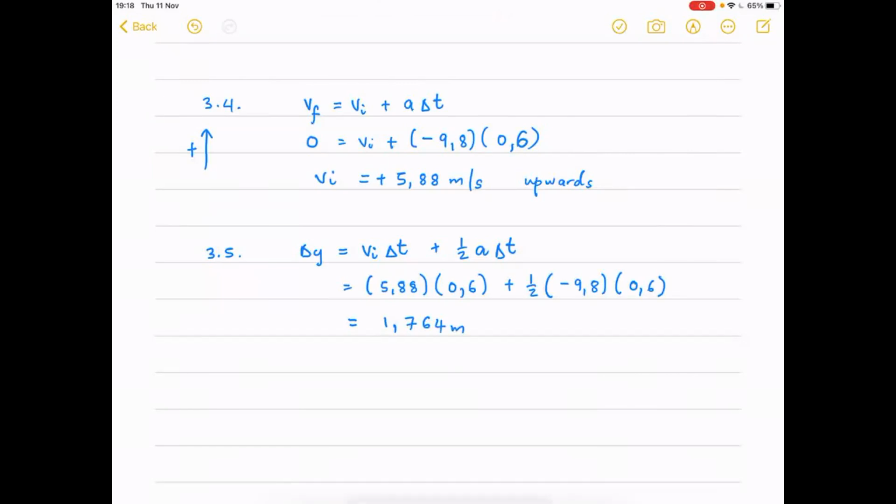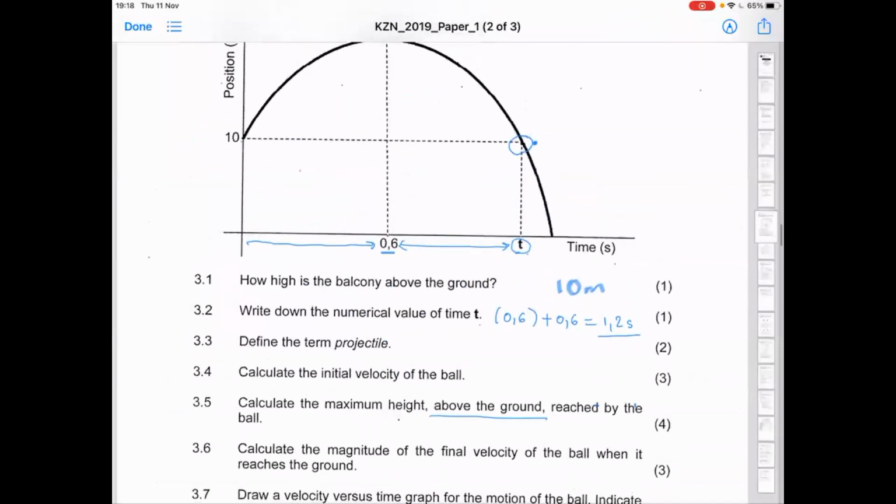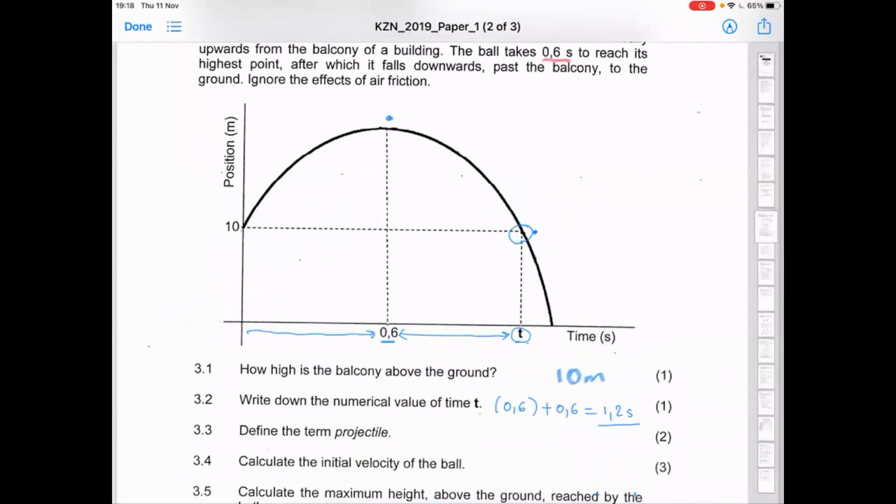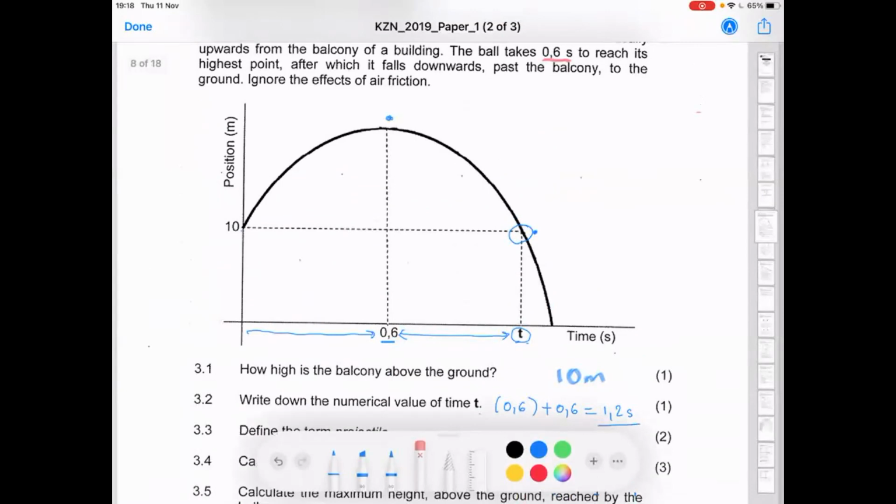Okay, so what is 1.764 meters, the delta y? So let's go back to the drawing. What we've calculated now is this height here. That distance there, that's what we calculated as delta y. Okay, but what did the question ask?